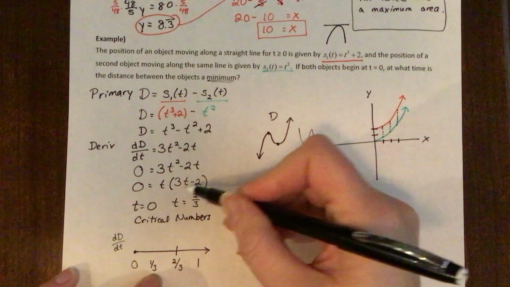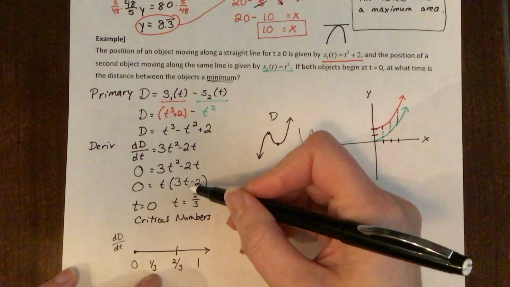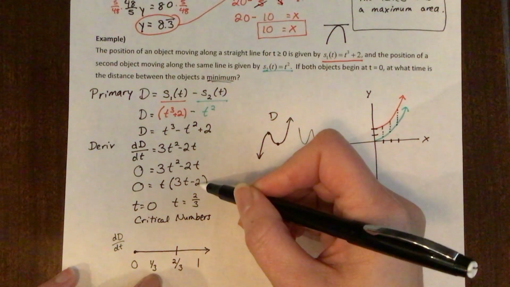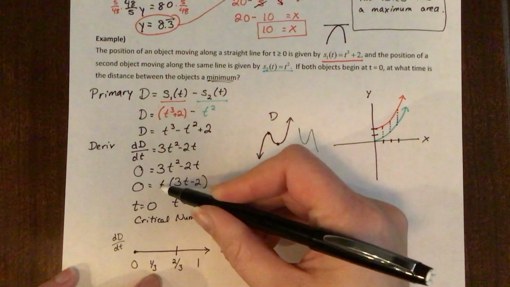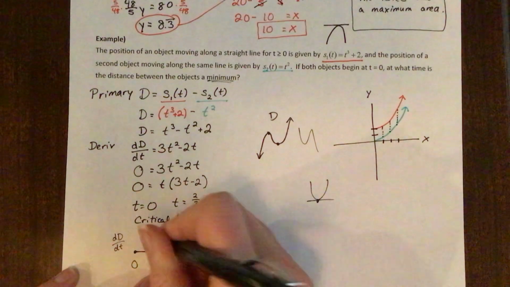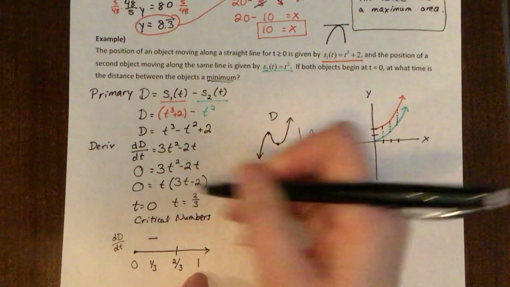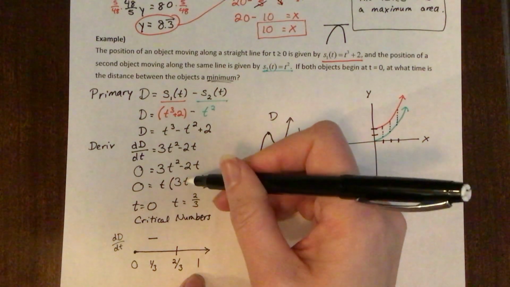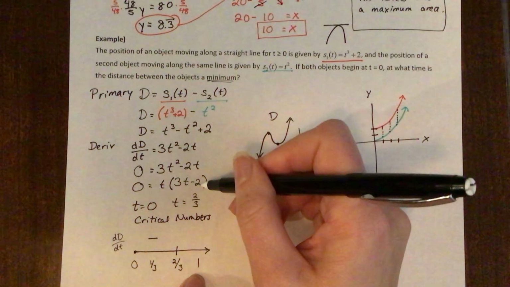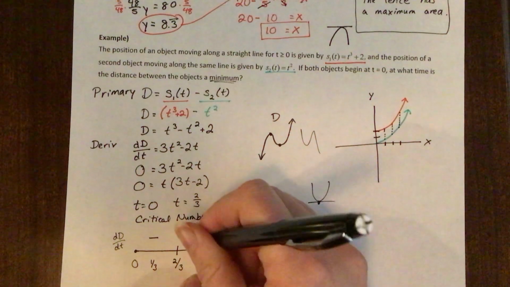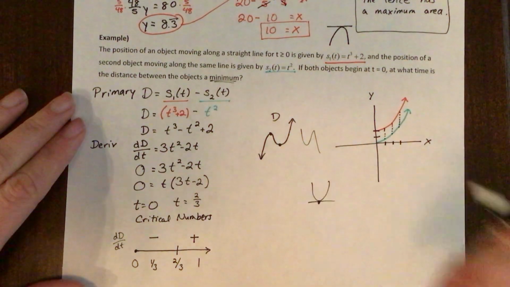Over here, 3 times 1/3 is 1, and 1 minus 2 is -1. So it's a positive times a negative, which is negative. Now I'll plug in 1. 1 is positive. 3 times 1 is 3. Minus 2 is 1, which is also positive. So positive times positive is positive.